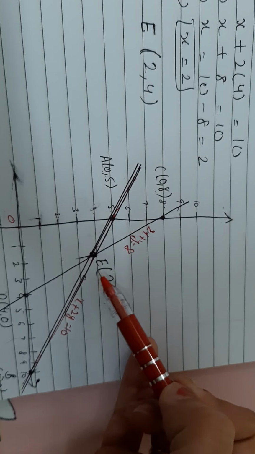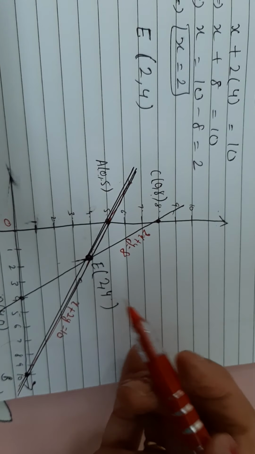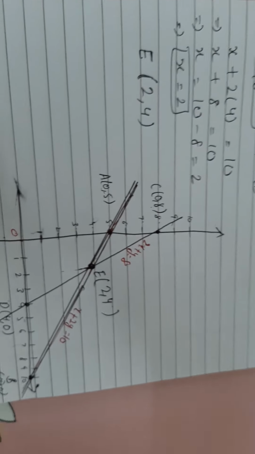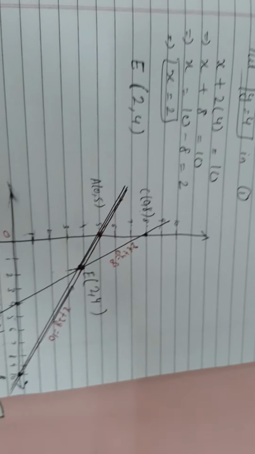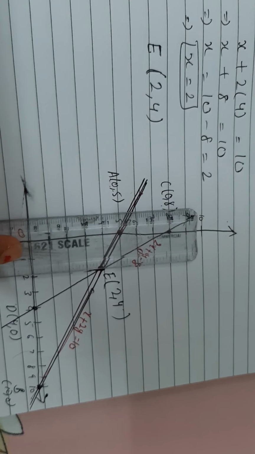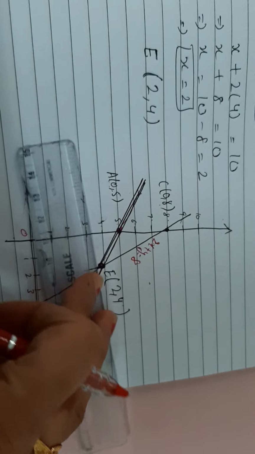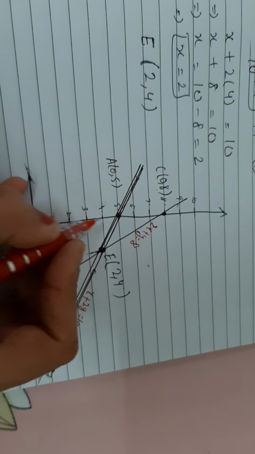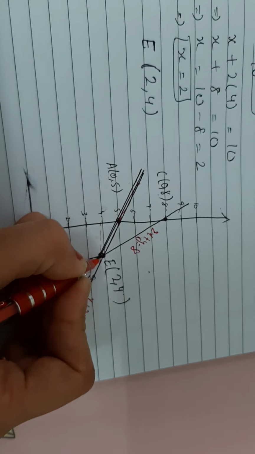It can be easy to find on a graph also. If you keep your scale here, this is exactly 2 and this is exactly 4. So this is your point of intersection.